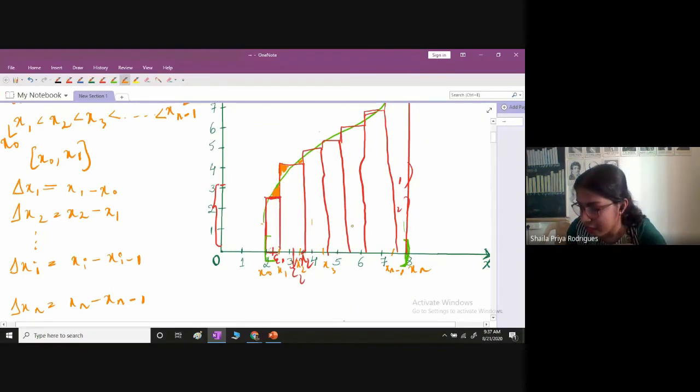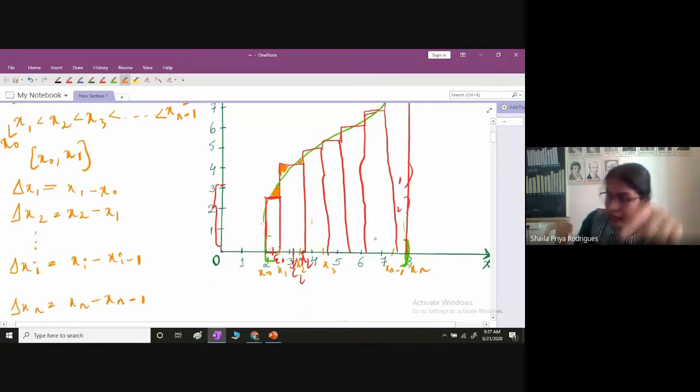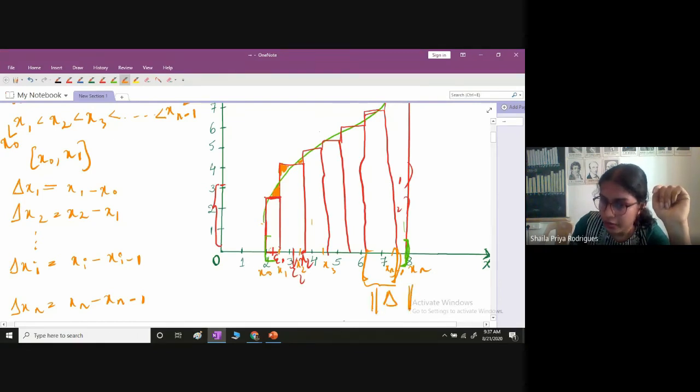In this partition that I've drawn here, which is one such partition of the interval 2, 8, the maximum length of any subinterval is here. Let's say this is the largest subinterval that I've got, and its length is going to be the norm of this partition.